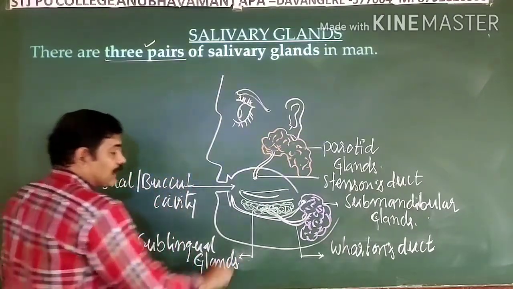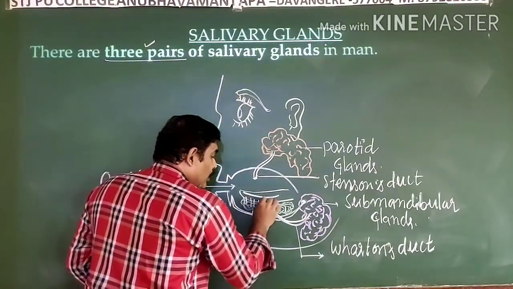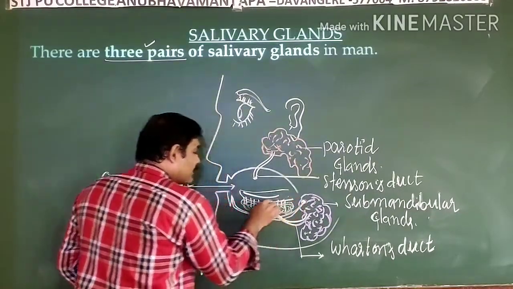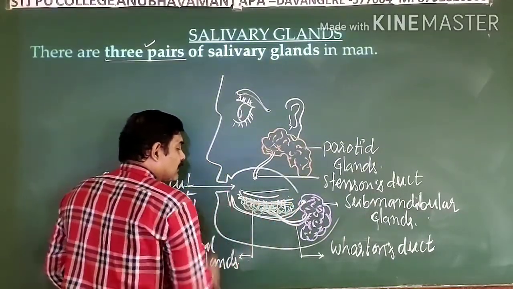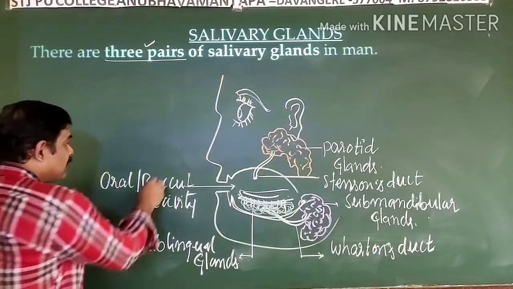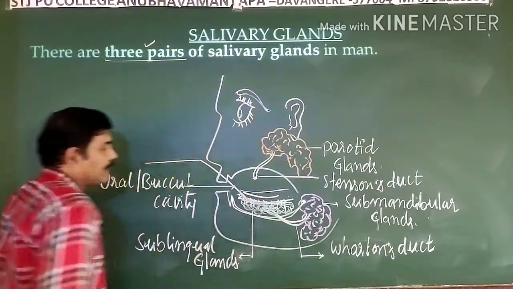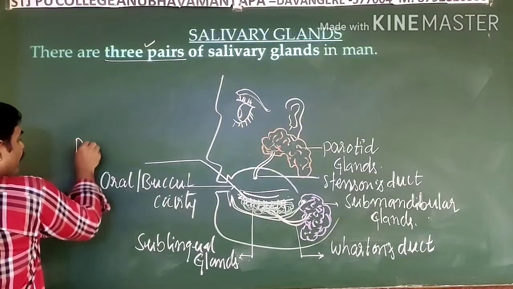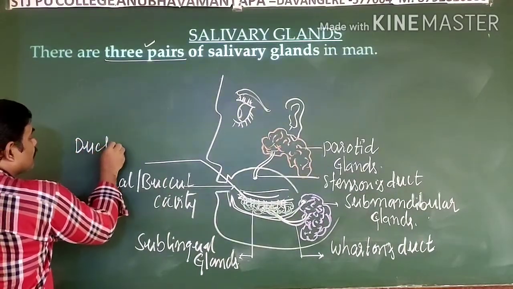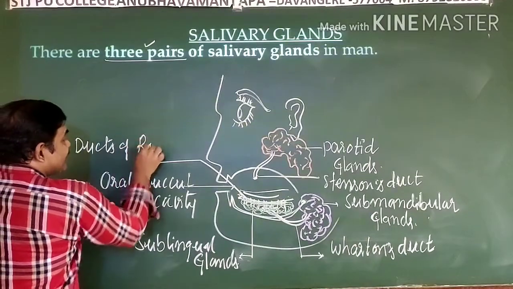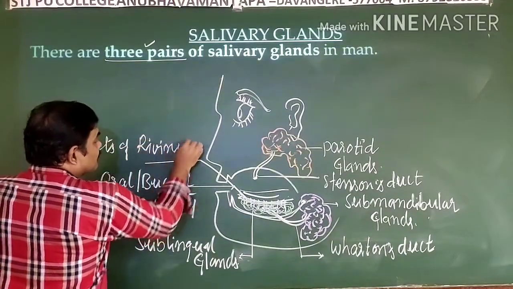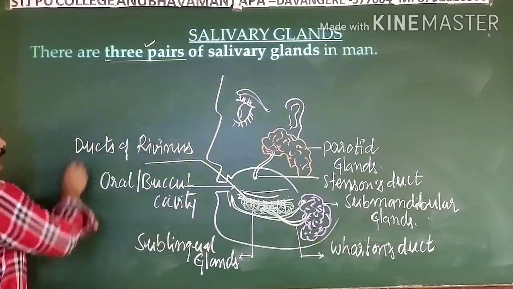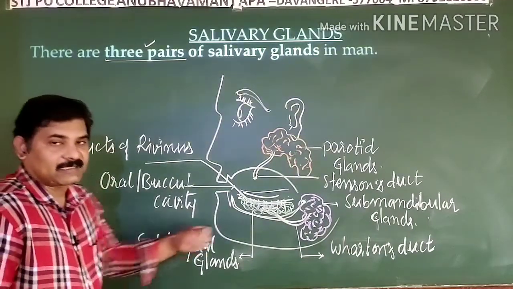And these sublingual salivary glands open into the oral or buccal cavity, which is present underneath the tongue, right? And these ducts, as I said, are known as the ducts of Rivinus, or we can call them sublingual ducts.